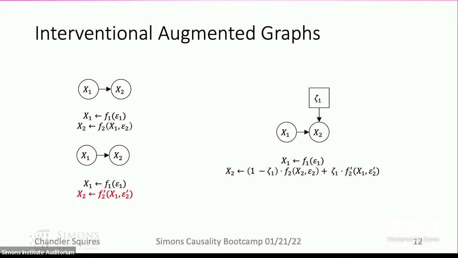We can represent this, if we still think in terms of structural causal models, by an indicator variable, zeta1, that's telling X2 which of these distributions to take its value from. So it's a 0, 1 variable. If it's 1, it's going to take from the interventional distribution. If it's 0, it's going to take from the observational distribution.